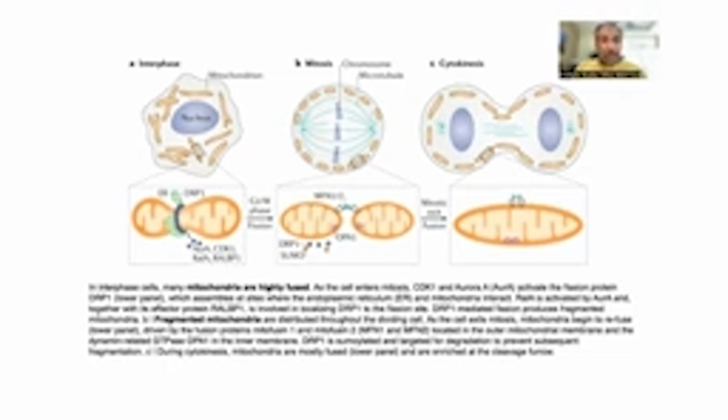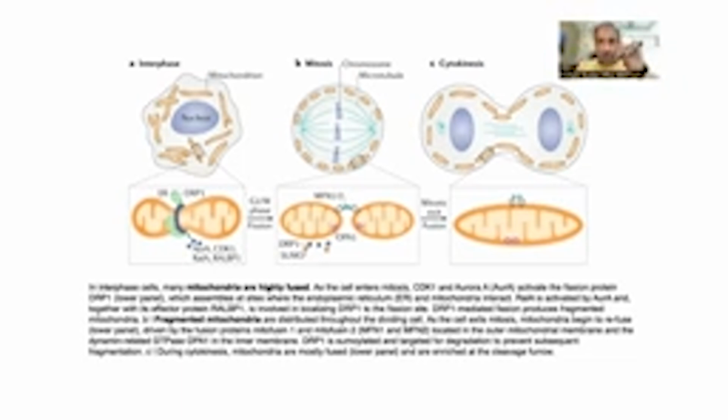The mitochondria in interphase cells are highly fused, elongated structures, right? And they use mechanisms of fusion and fission. Just as all other membranes, just as there is pinching to cause endocytosis, there is pinching to separate the two daughter cells.